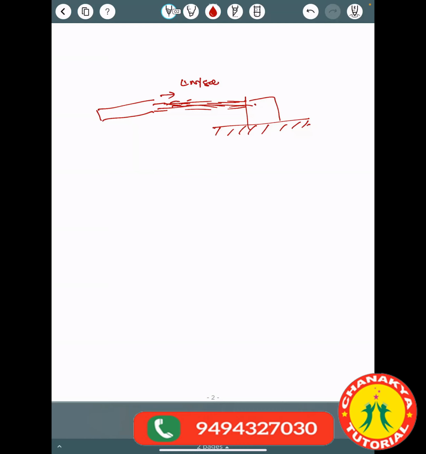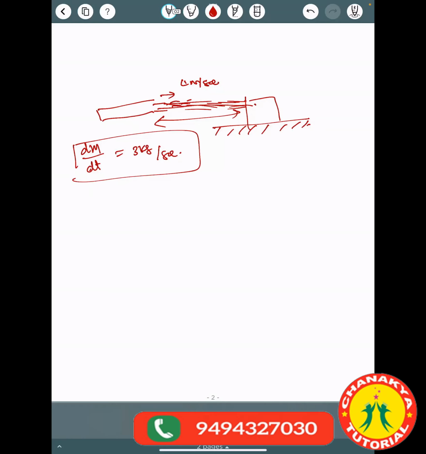That means that each second the amount of water coming out is 3 kg. That means the rate of mass flow, dm/dt, is 3 kg per second. Any doubt here? No, sir. No doubt. So here, tell me, is the velocity varying?